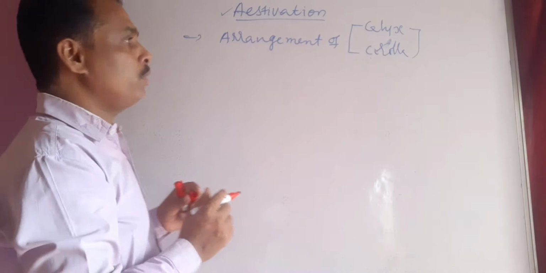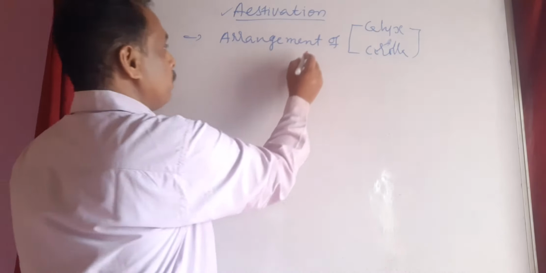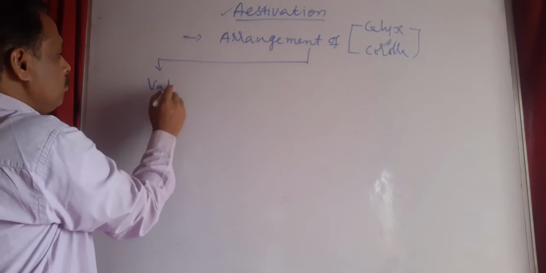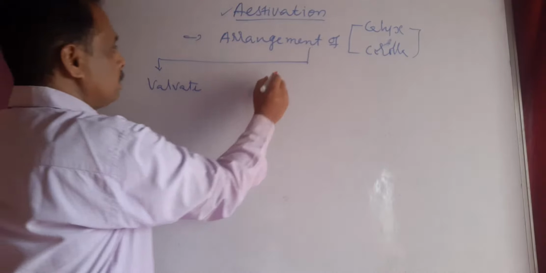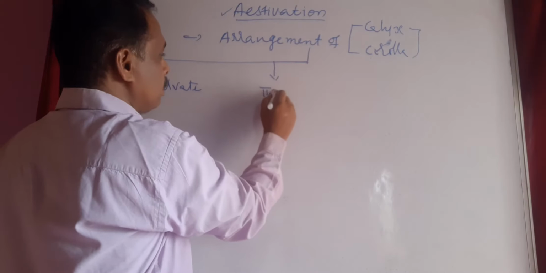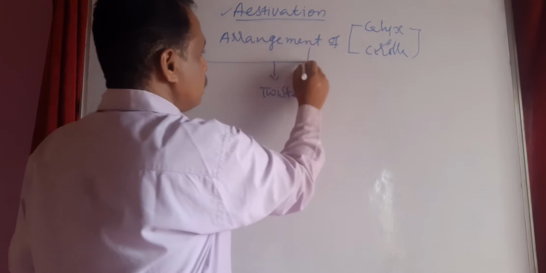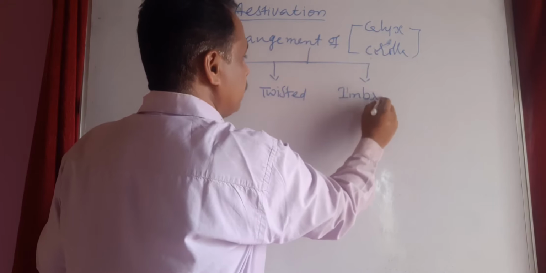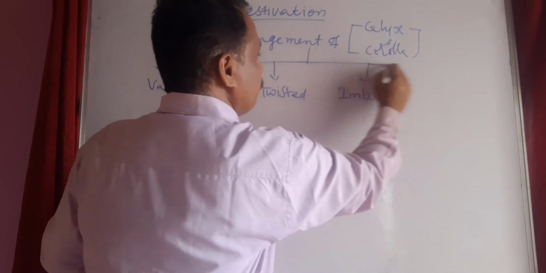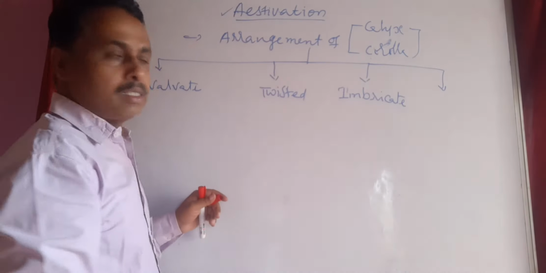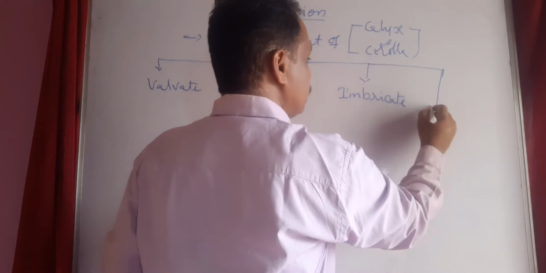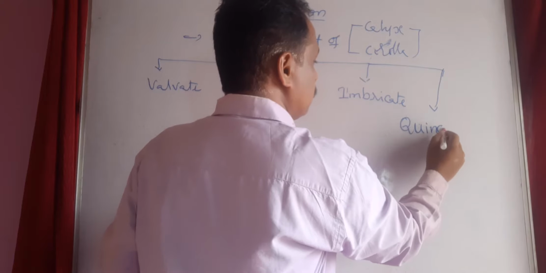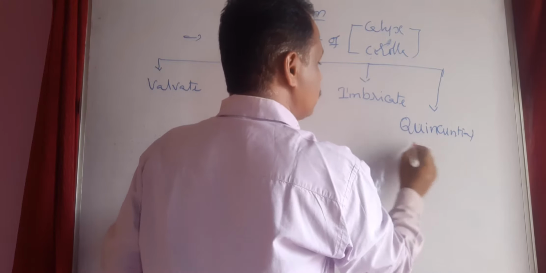Now, based on this, we have different types of aestivation. The first one is valvate aestivation. The second one is twisted aestivation. The third one is imbricate aestivation. The fourth is quincuncial aestivation.